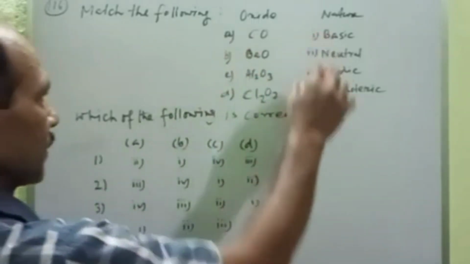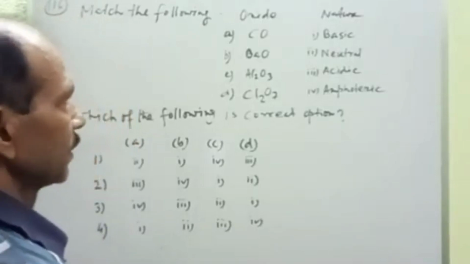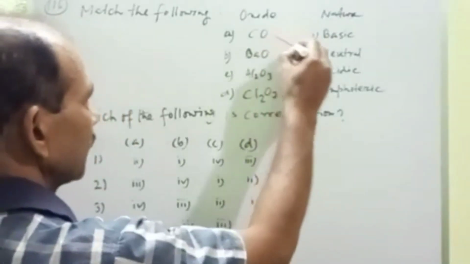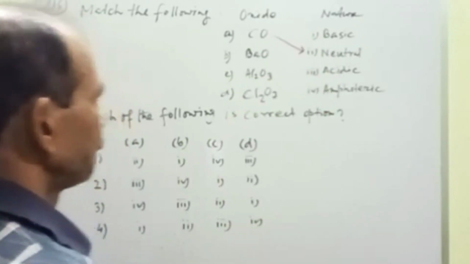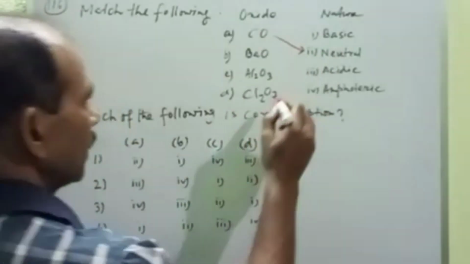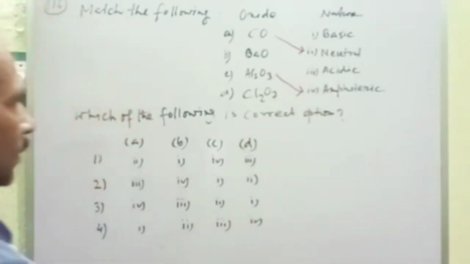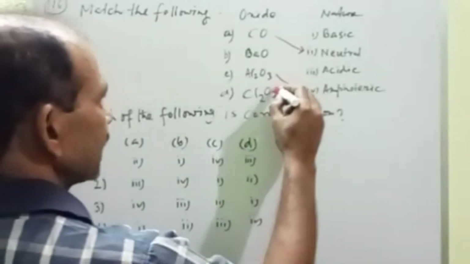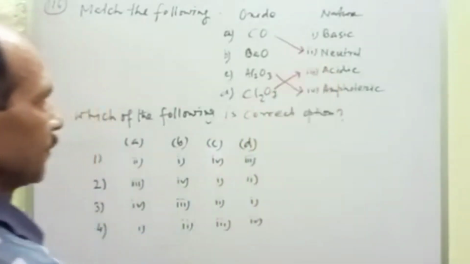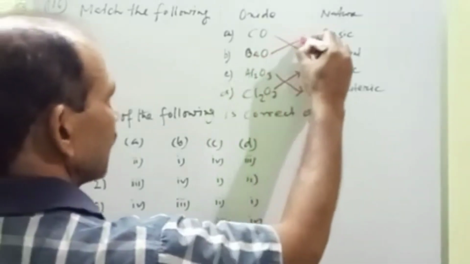Look at the two columns. We know carbon monoxide is neutral. Al2O3 is amphoteric. We know Cl2O7 is acidic and barium oxide is basic.